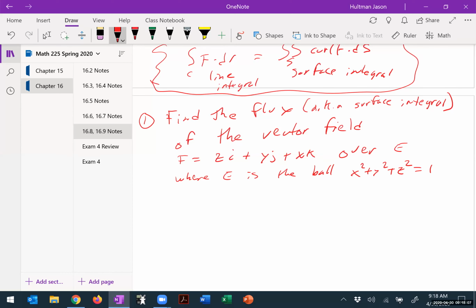So how do we want to find this? This is the integral of F dot dS, that's the flux.